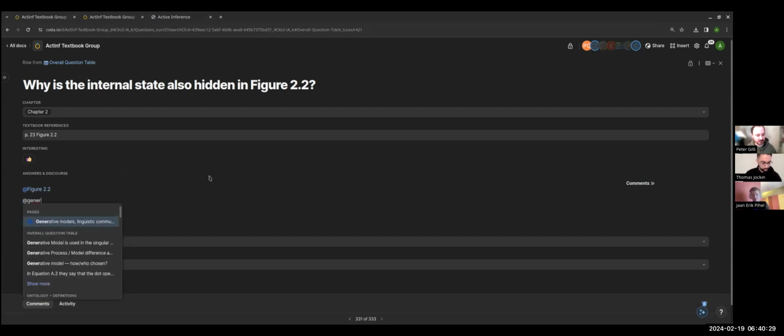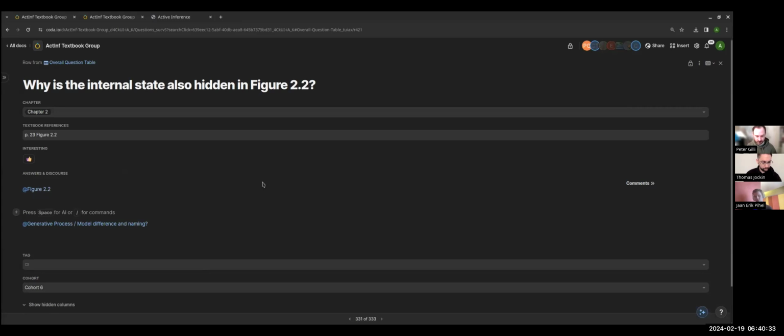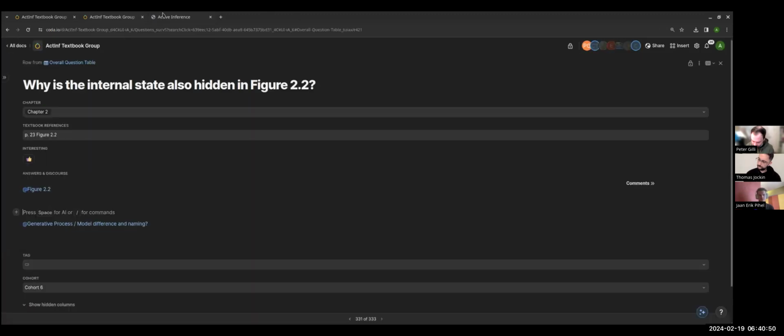Yeah, go ahead. Okay. So by including X in the generative model, the X asterisk is the true value of the hidden state, which is in the generative process, right? And in the generative model, the agent tries to model or perceive as accurately as possible the true value of the hidden state in the generative process.